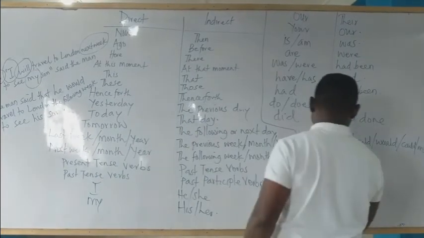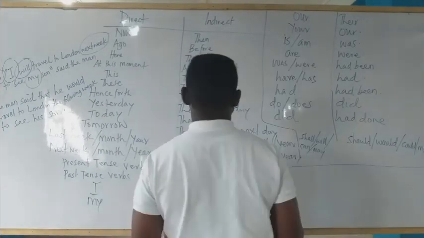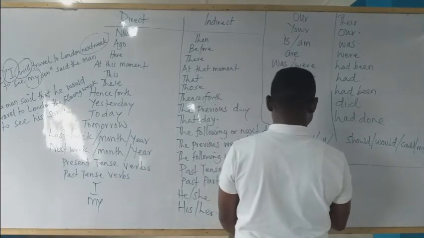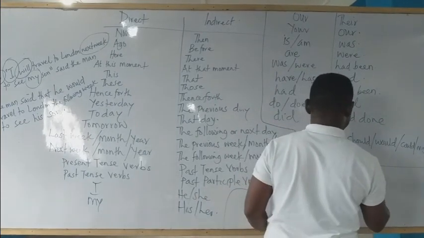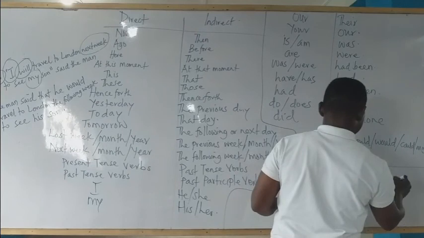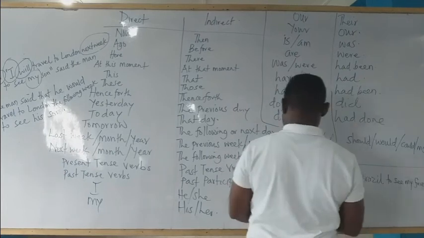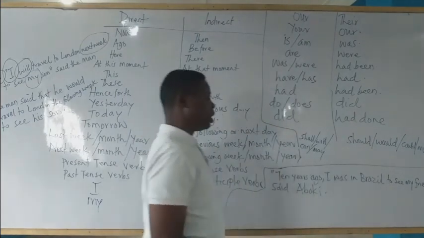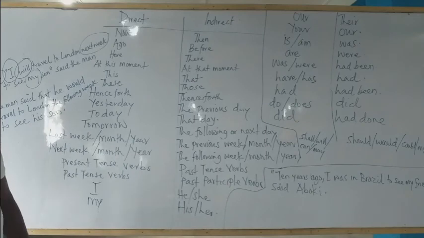Last example for this aspect. Let's take another example to buttress our point. 10 years ago, I was in Brazil to see my friend, said Aboki. 10 years ago, I was in Brazil to see my friend, said Aboki.